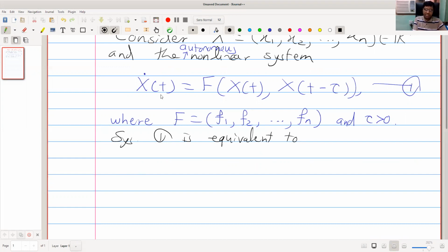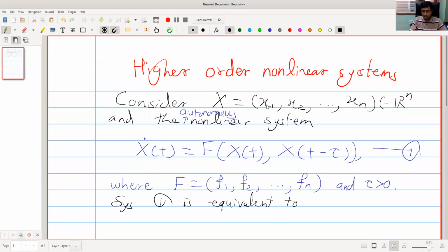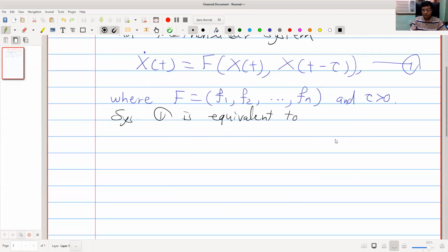say capital X dot of t, meaning the left hand side is the column vector x1 dot, x2 dot, and so on xn dot of t.